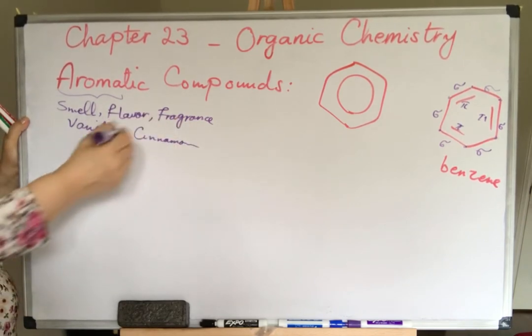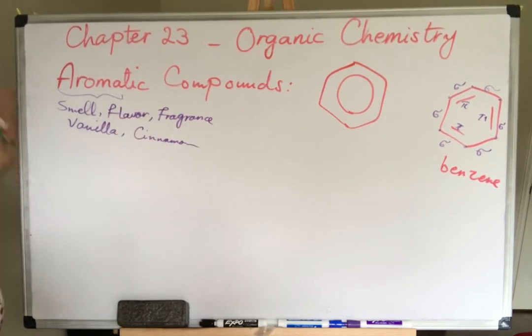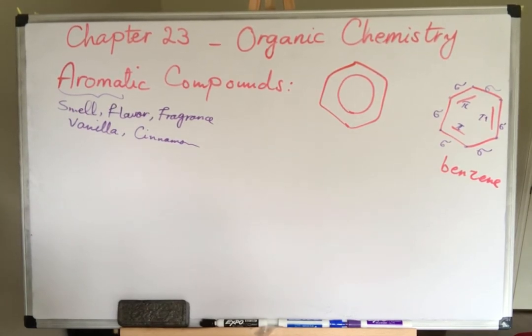They are all aromatic compounds, but aromatic doesn't mean necessarily good smell. Sometimes they stink. So the flavors, I told you, vanillin, cinnamaldehyde, and benzaldehyde for the almond also. They are the aromatic compounds.